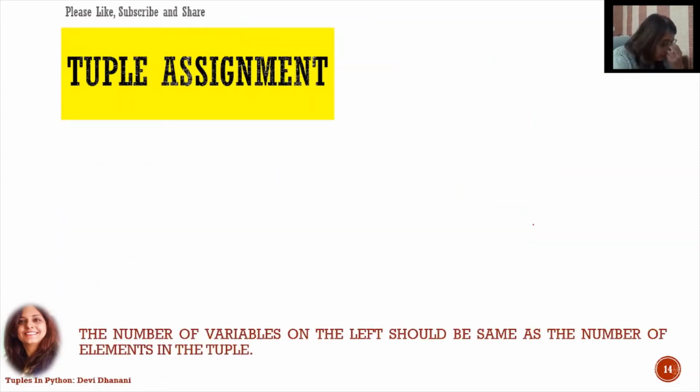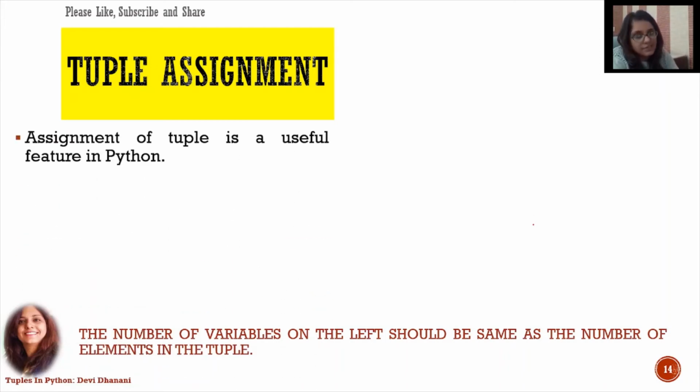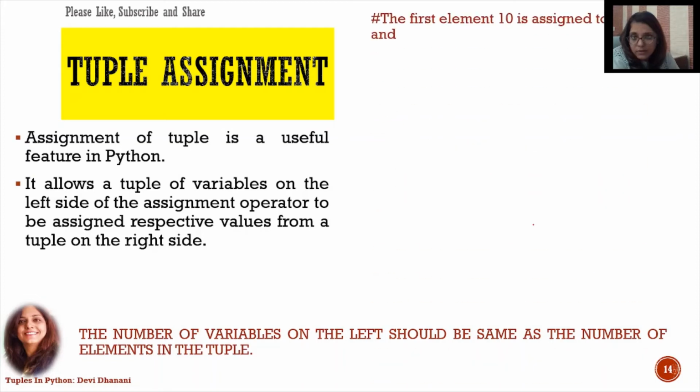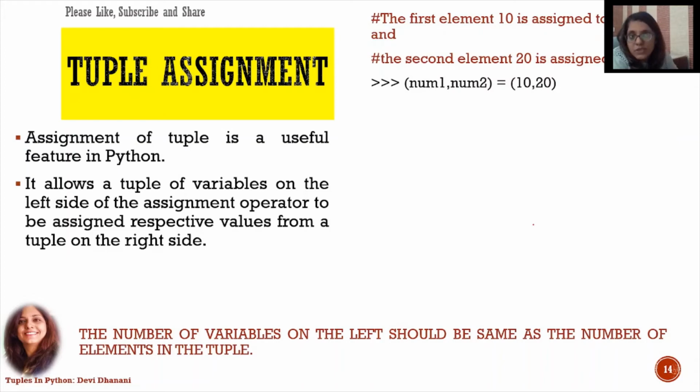Now moving on to a very important concept, that is tuple assignment. What is meant by tuple assignment? In tuple assignment, as you can see over here, there are two elements.